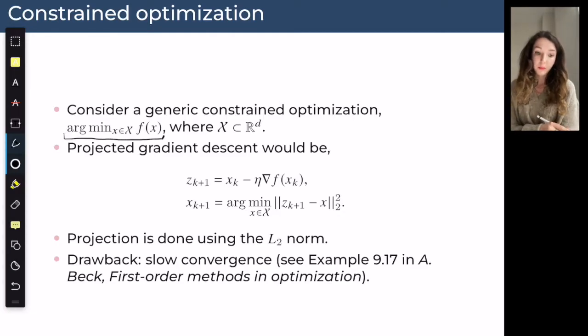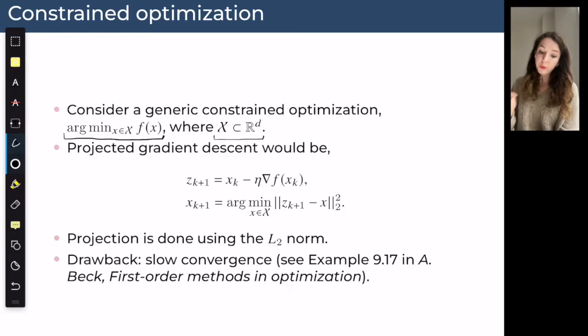We want to find the minimizer x lying in our constraint set curly X, such that it minimizes this objective function f of x. And again, this curly X can either be the whole of R^d, then we are essentially in an unconstrained setting in this particular case, or it can be a subset of R^d.